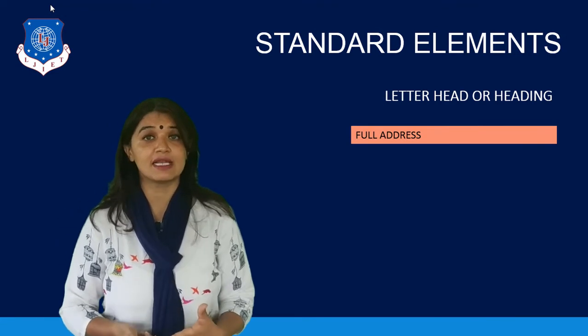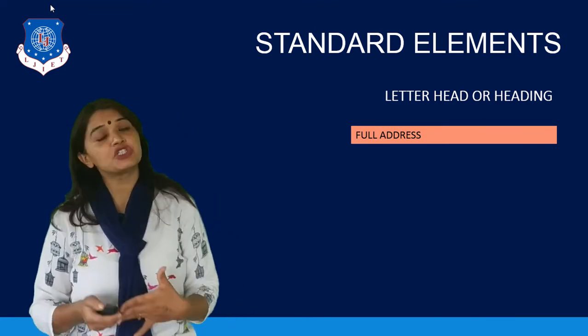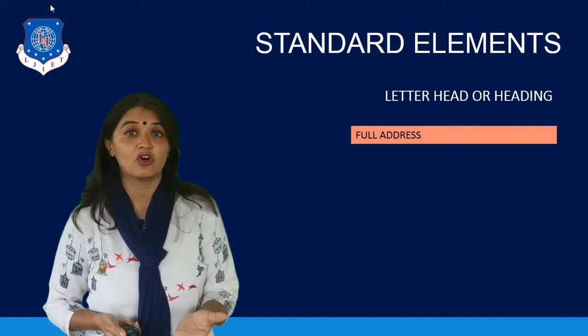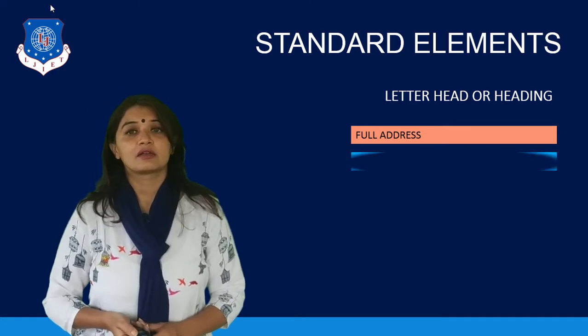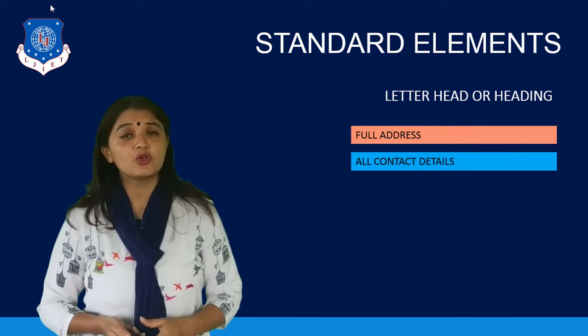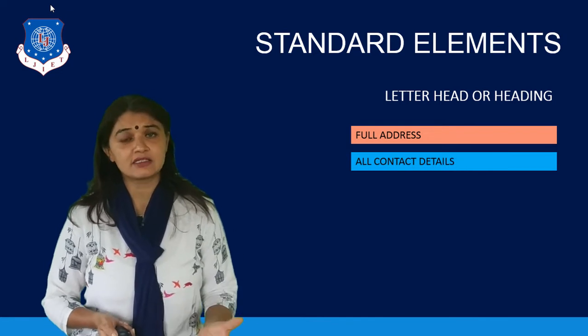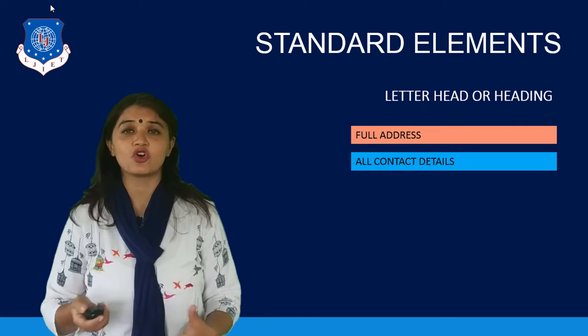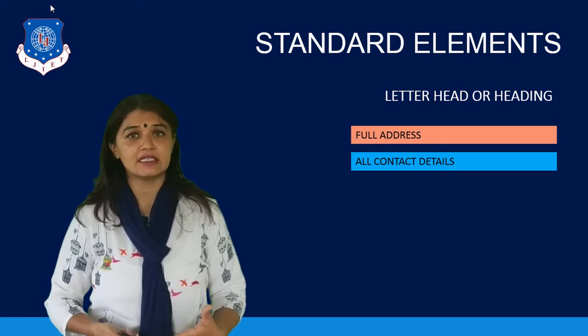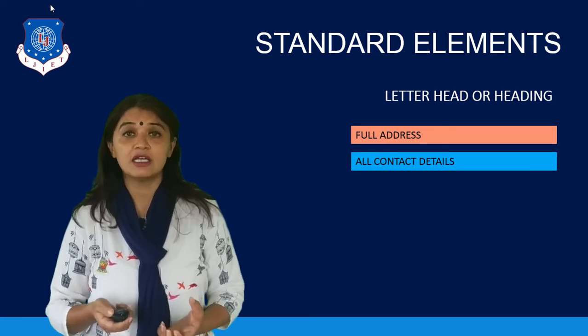That means if you are sending a business letter, then you will mention the full address of your organization. The letterhead also consists of all contact details like website address, blog address, or some email address or fax number. Whatever contact details are there, it is included in the letterhead.